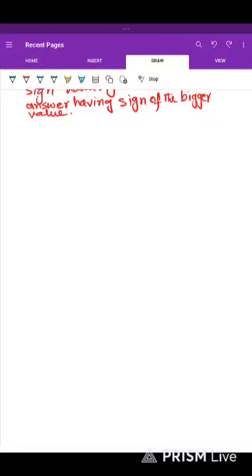This is IGCSE 0580 Mathematics Past Paper Solution. Here one of the questions is a linear equation, the simplest linear equation, which we are asked to solve.